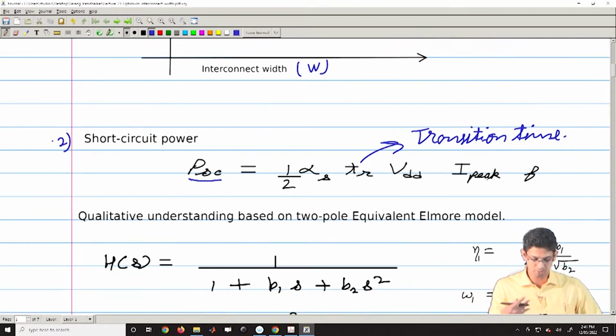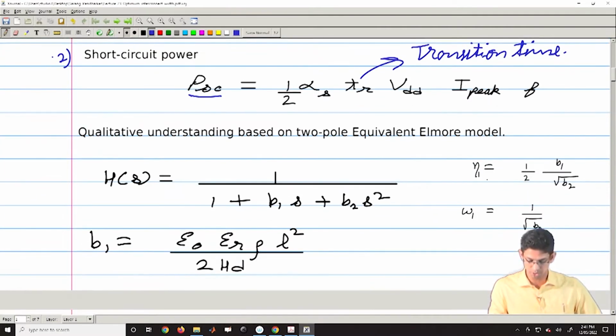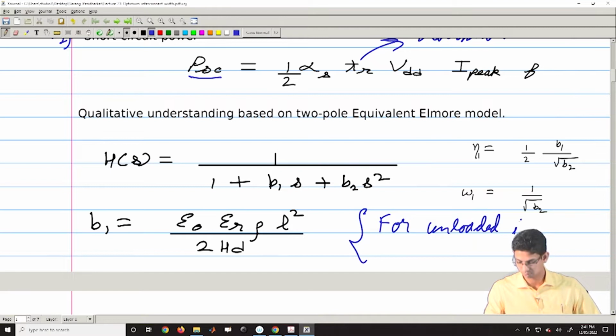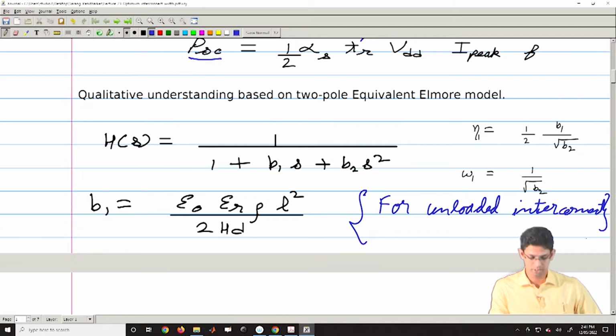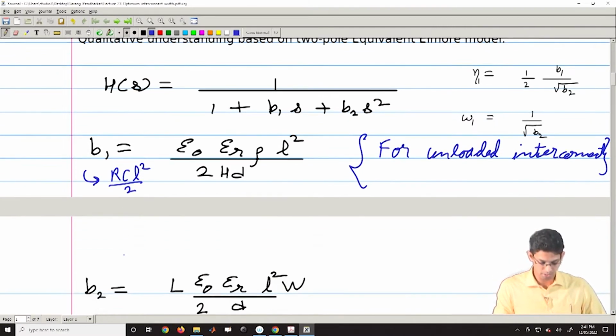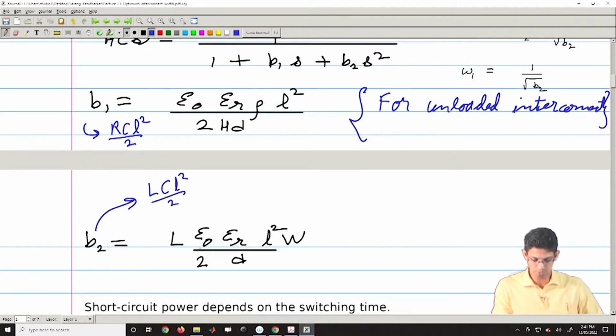So, then we started with some qualitative understanding based on the two pole equivalent Elmore model. We saw that if we take an unloaded case, so for unloaded interconnect, your B 1 would be equal to this. So, B 1 is essentially R C L square divided by 2, and your B 2, which is essentially L C L square by 2, would be given by this.